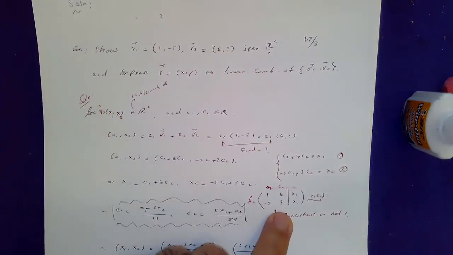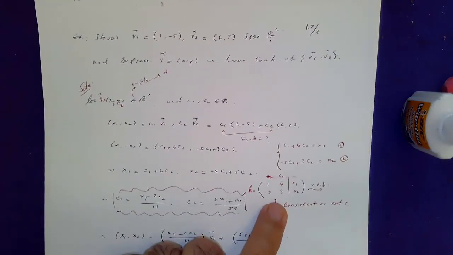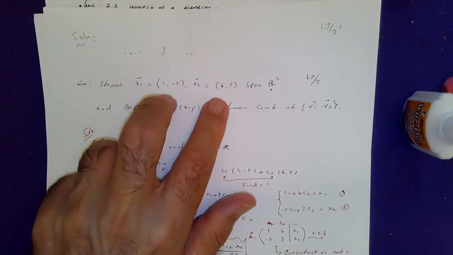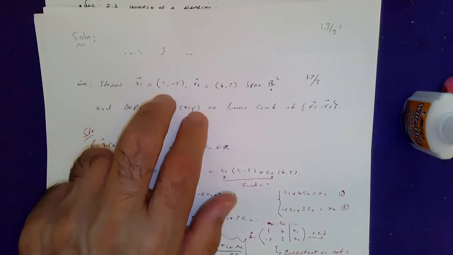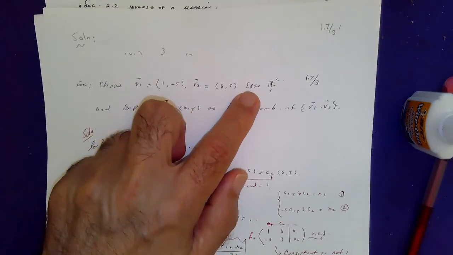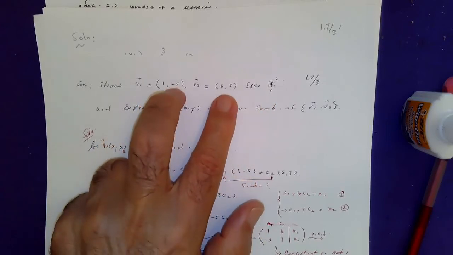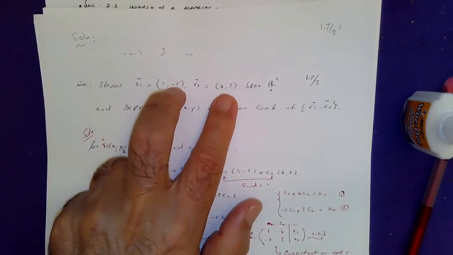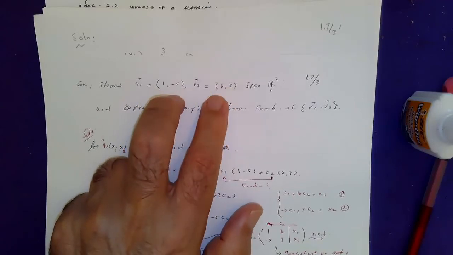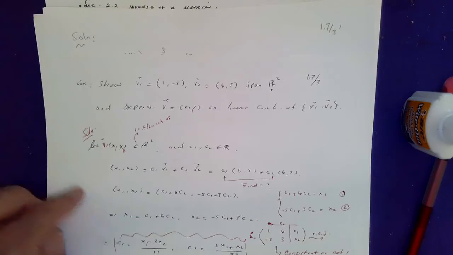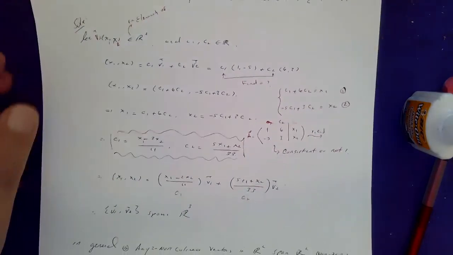If the system is not consistent, then you can say, no, they don't do the job and they don't span. Incidentally, the vectors in the spanning set of a vector space are like the building blocks. In other words, any other vector can be built based on these two vectors if your answer is yes, which in this case it is.